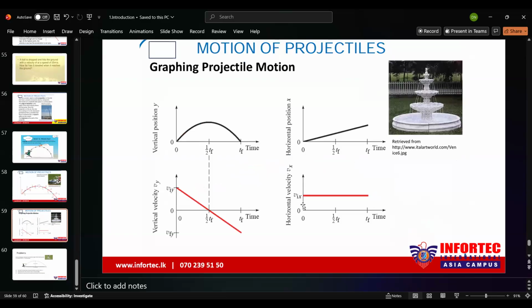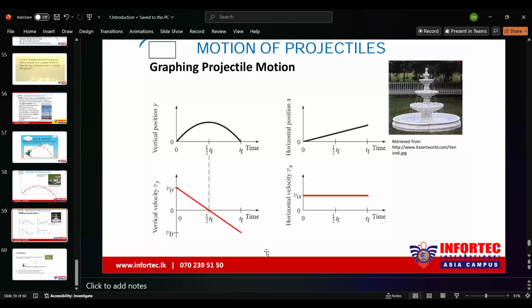Then here you can see the graph of projectile motion, the vertical position and vertical axis going like this as a free falling object. It is changing, decreasing velocity, then at the highest position, velocity is equal to 0, vertical velocity only, right?